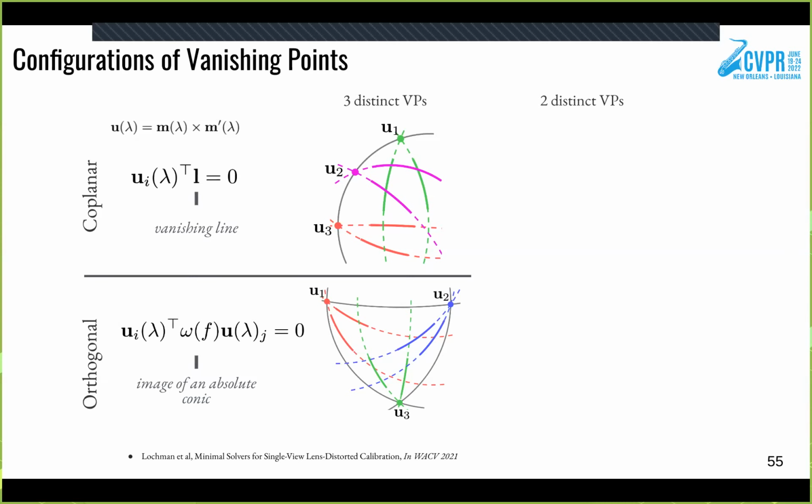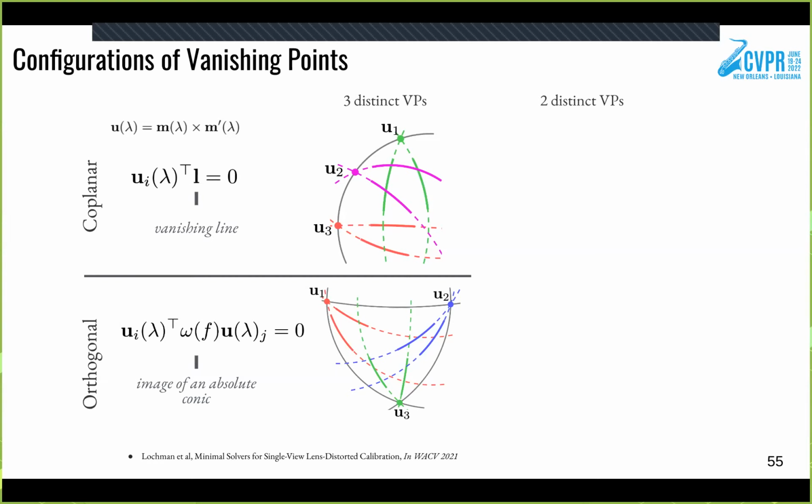On the x-axis, we have the number of vanishing points. Are there 2 or are there 3? On the vertical axis, we don't know the configuration of those vanishing points in the scene. Are they just coplanar, or additionally, are they orthogonal as well? We don't know. And that will determine the type of geometry that we can estimate, but a priori, we don't know.